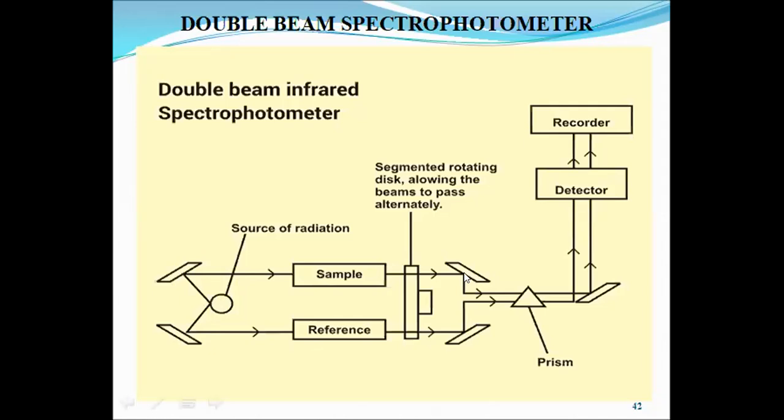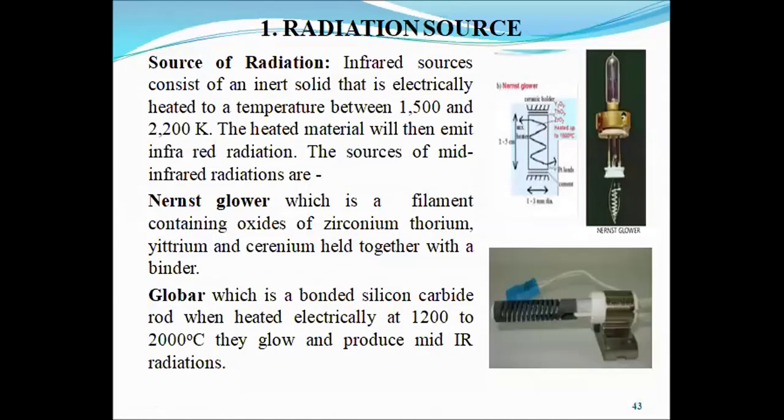Again we have a set of mirrors, and finally a rotating prism. The two rays coming out of the sample and reference are compared and sent to the detector and finally to the recorder, and we get an IR spectrum. So these are the main parts of a double beam spectrophotometer.